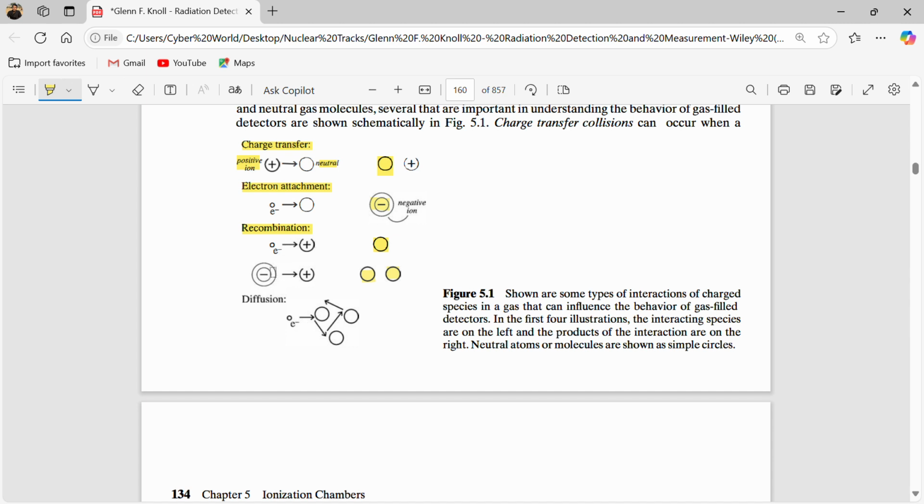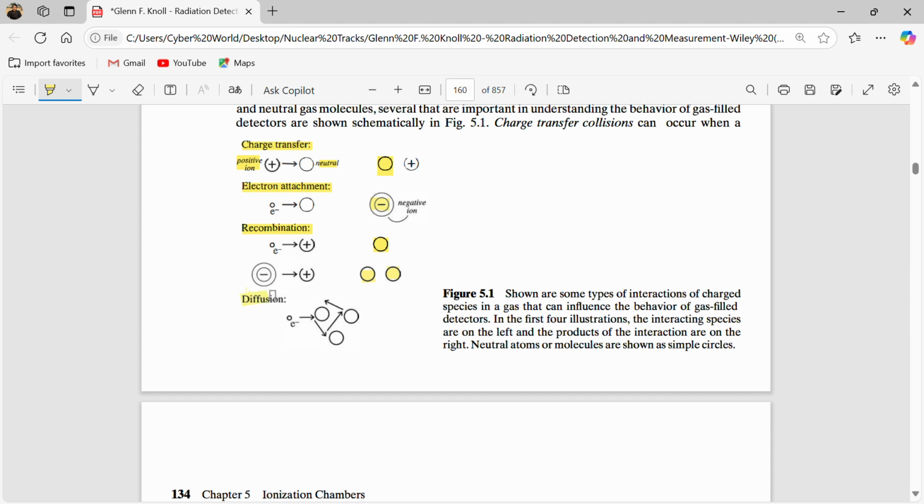And when a negative ion interacts with a positive ion, a new neutral is formed, so two neutral atoms are formed in the recombination process.